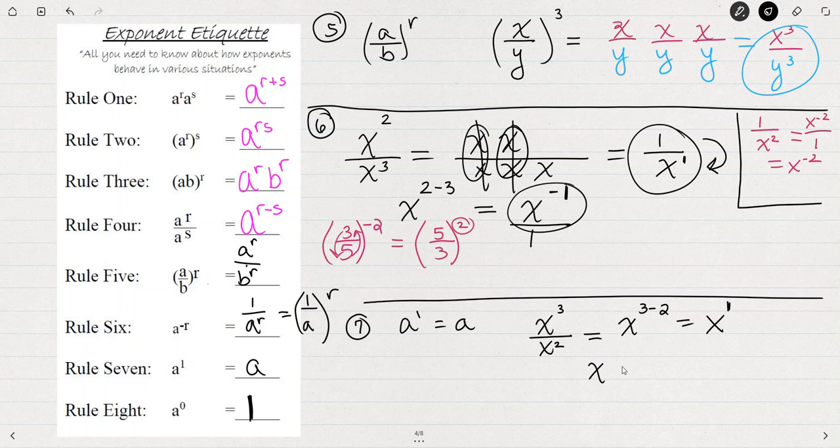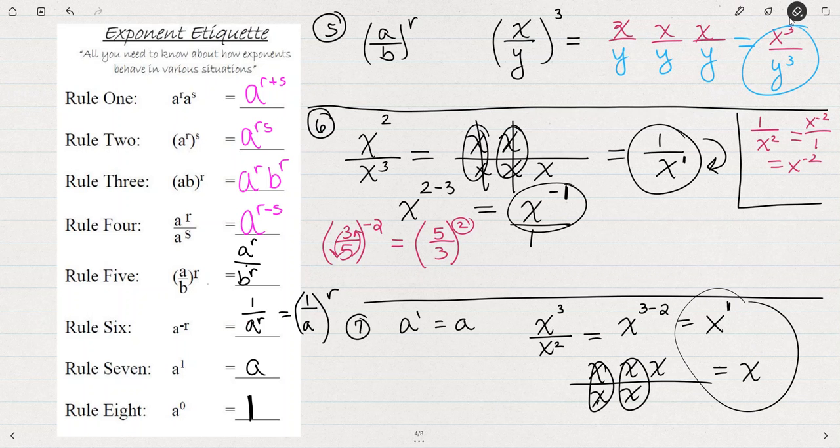But if I expand it, 3 x's in the numerator, 2 x's in the denominator, you see that that's just 1 x. So we see x to the 3 minus 2, which is x to the 1, is equivalent to just x. So that's one way to visualize that Rule 7.